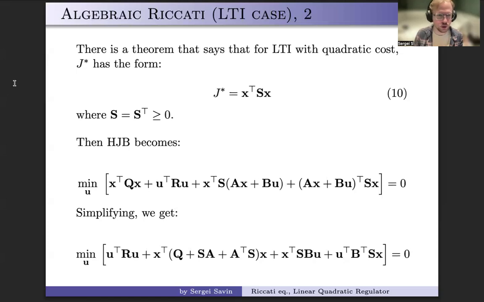If I want to find dJ/dt, what I would have is dx/dt transposed times sx plus x transposed times s times dx/dt.